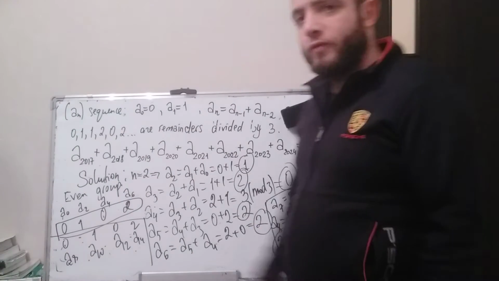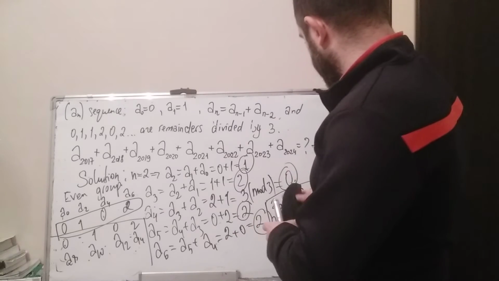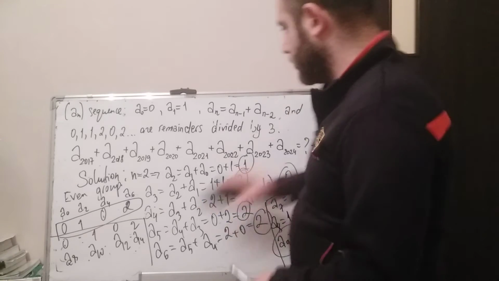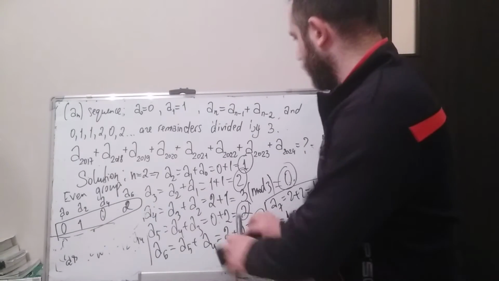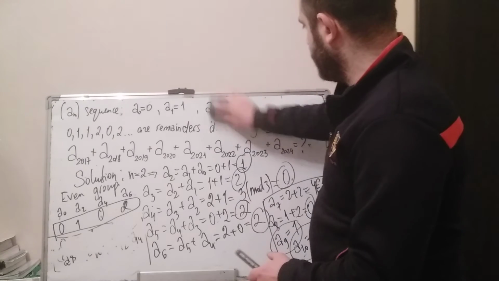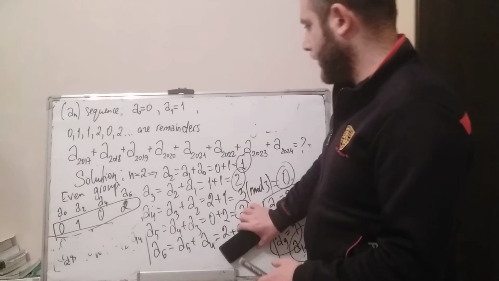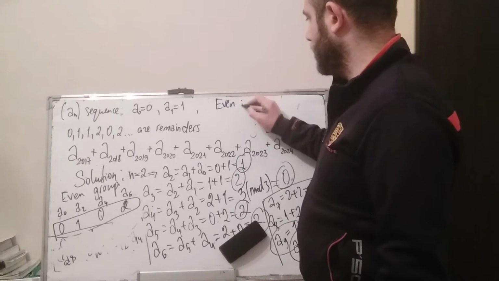Now let's do the same thing for odd number terms. Let me erase this because we already knew the point. Let me write it here: 0, 1, 0, 2.